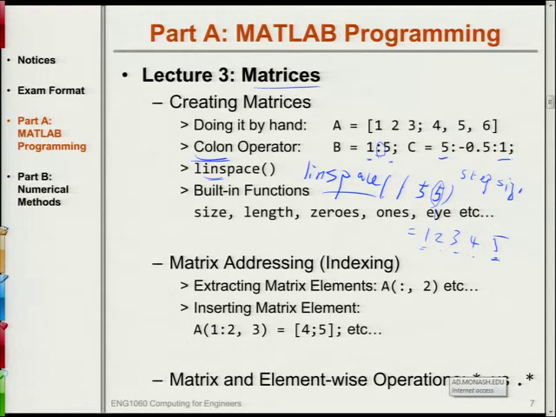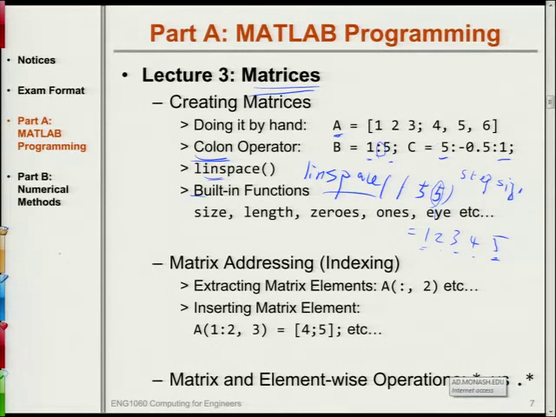Related to matrices, we have a few built-in functions. For example, size. Say A is a matrix with 2 rows and 3 columns. The first row is 1, 2, 3 and the second row is 4, 5, 6.